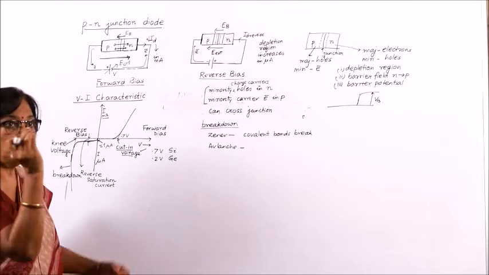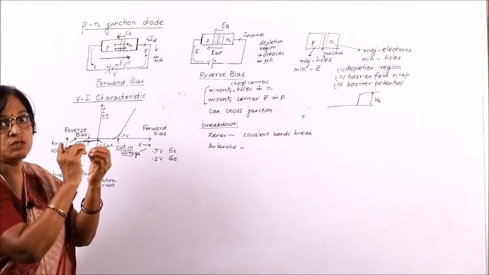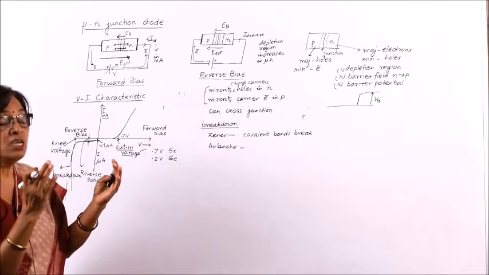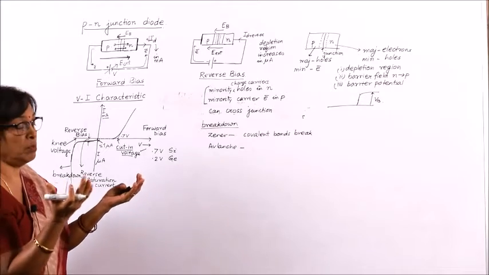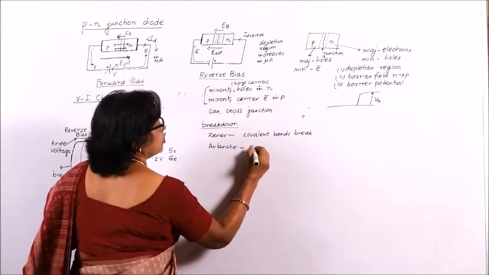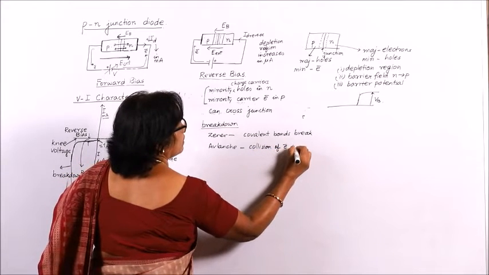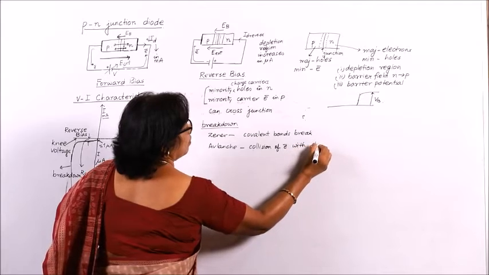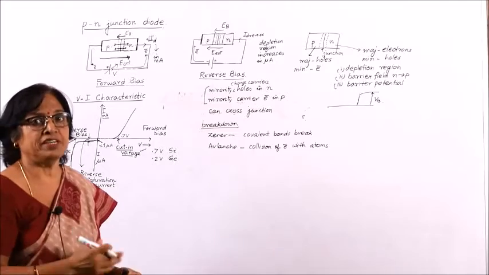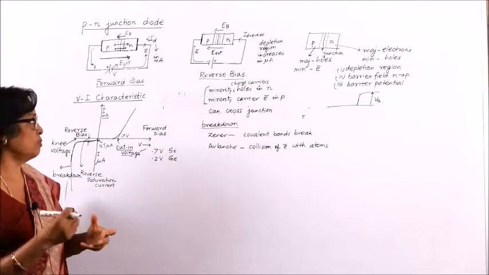So, under the action of a large voltage, a large number of electrons are created, and that is called avalanche breakdown. In this case, there is a collision of electrons with atoms of the crystal. There is not much difference between the two. Usually, we call both breakdowns Zener breakdown.